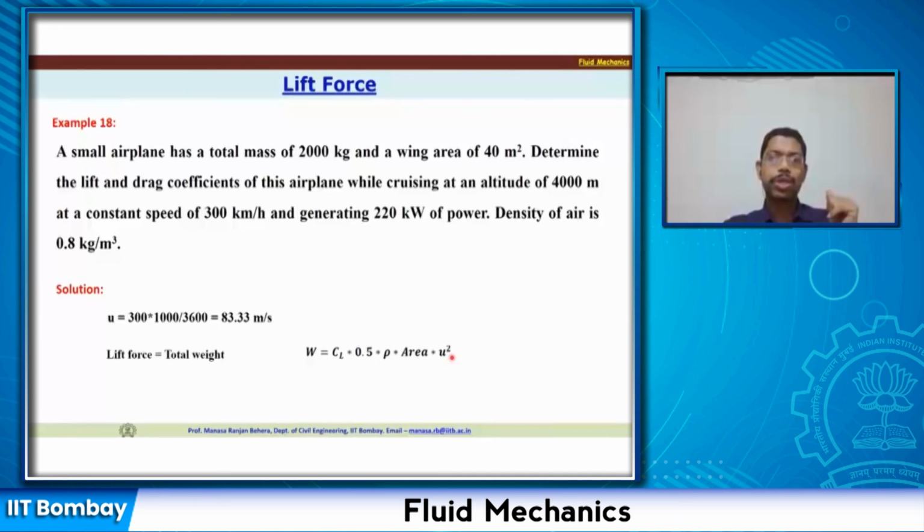Now let us substitute the values. Weight is nothing but mass multiplied by g, so W equals mg. Mass is given, that is 2000. If you multiply with g, that becomes your weight.